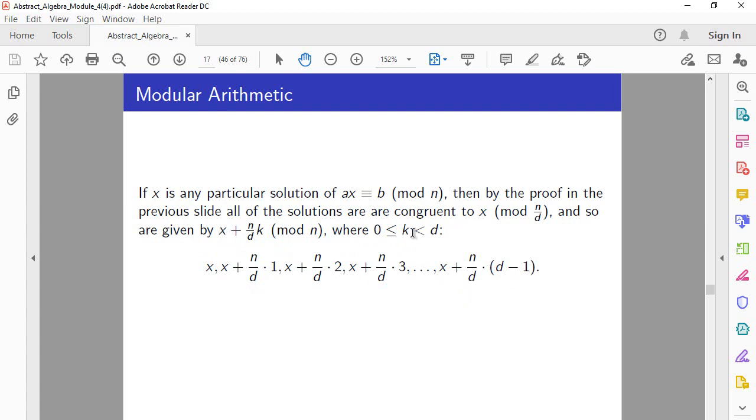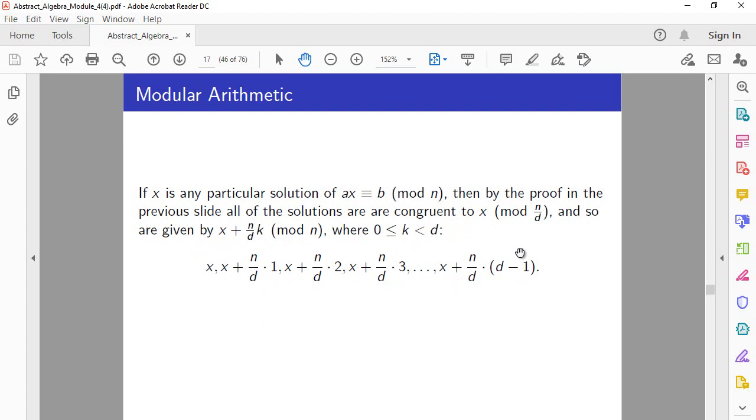Now of course when k is d we get back x, because when k is d you get x plus n, but x plus n mod n is the same as x mod n. And then if you take values of k bigger than d, you just repeat the same values here.